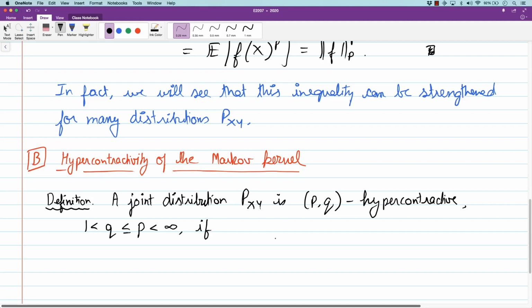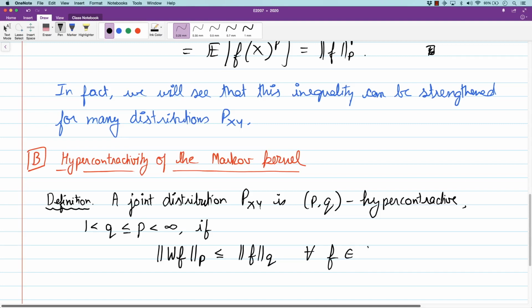The previous bound also holds for P equal to 1, but we are ruling out those things. It's just for convenience that we are ruling it out; it's not so useful if P is equal to 1. If you look at the Markov kernel associated with Pxy, and you take any function f, the P norm of Wf is less than or equal to the Q norm of f, for all functions f which have finite qth moment.